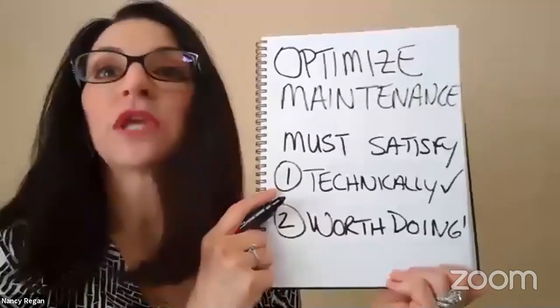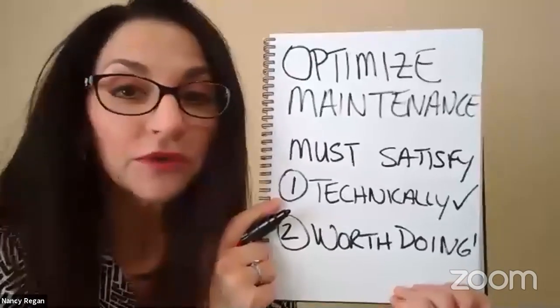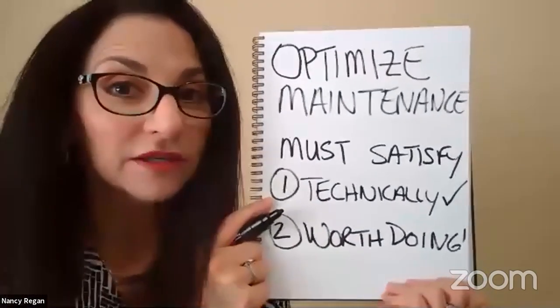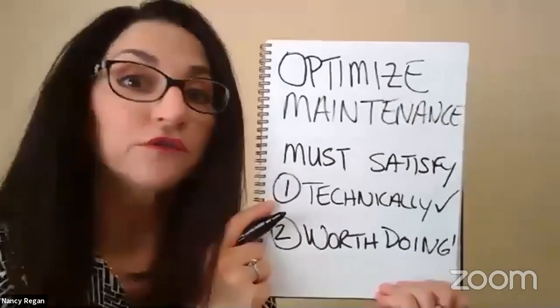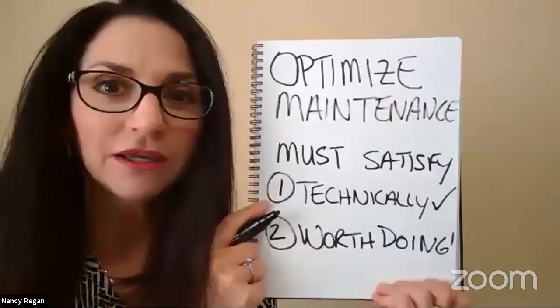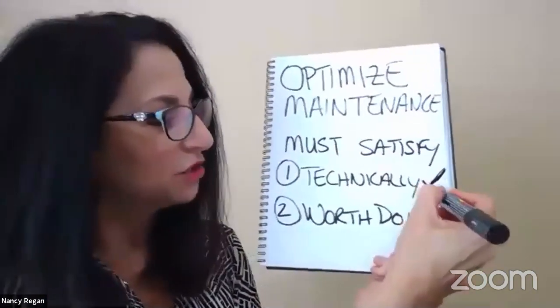Can we do it? Yes, we can physically do it. And we went through our P-F interval and we said that was 2 days. So if we inspect it every day and we can replace the filter while the compressor is still running, then that checks our box that it's technically the right thing to do.